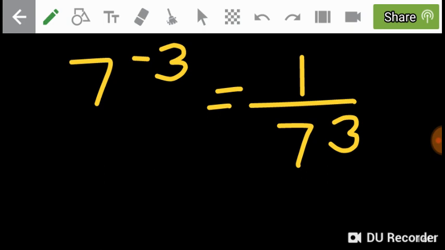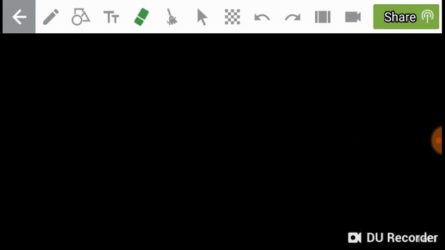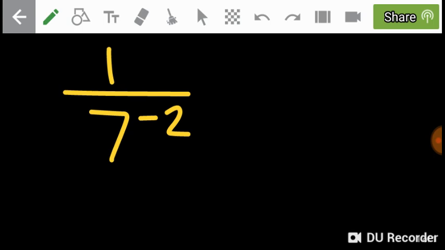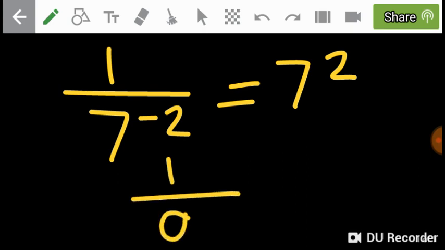Now there can be a problem like this that can come. Say for instance, you actually have a negative exponent in the form of a reciprocal. In this case, the answer would be 7 square, because you are following the same rule but in a different way.